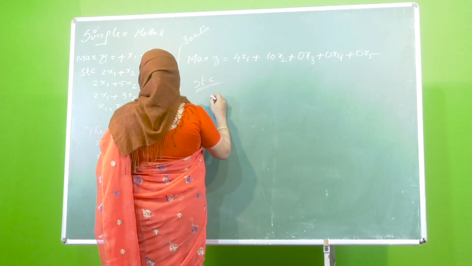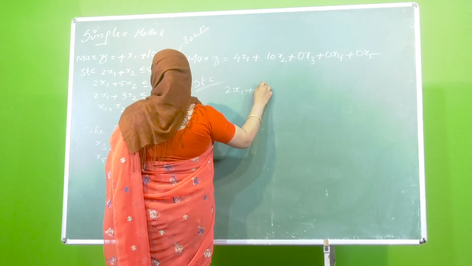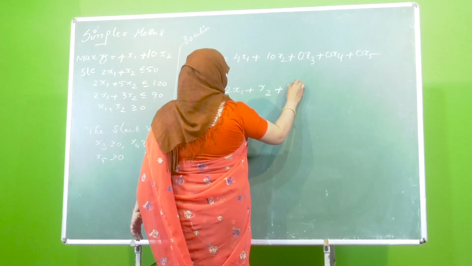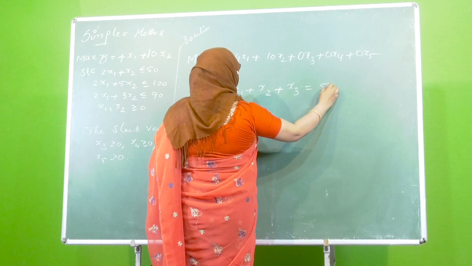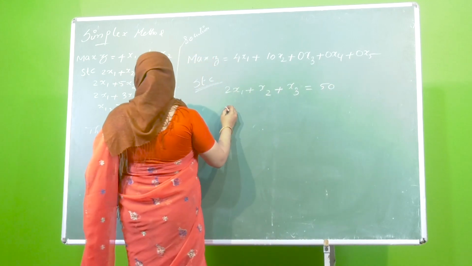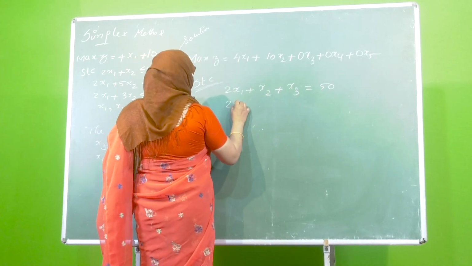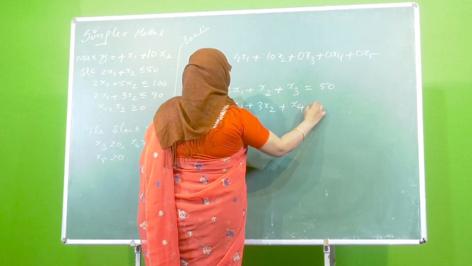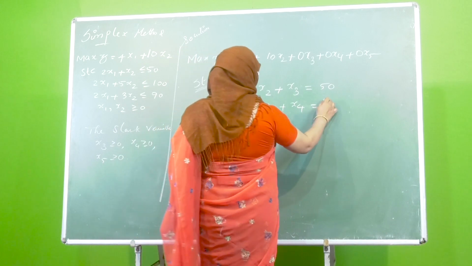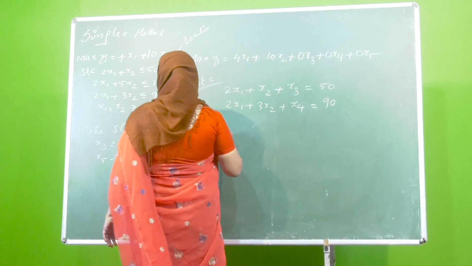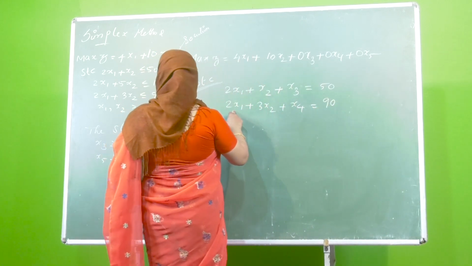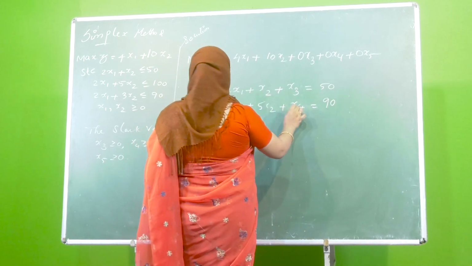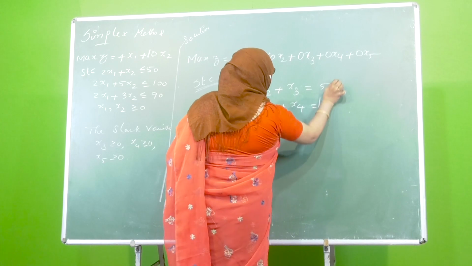So, subject to the constraints: 2x1 plus x2 plus x3 is equal to 50. The second inequality: 2x1 plus 5x2 plus x4 is equal to 100.